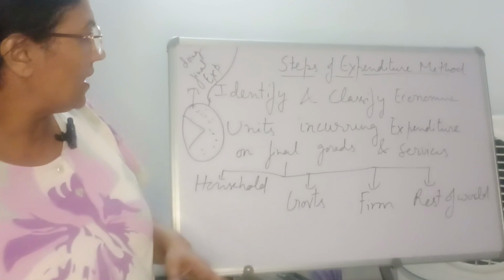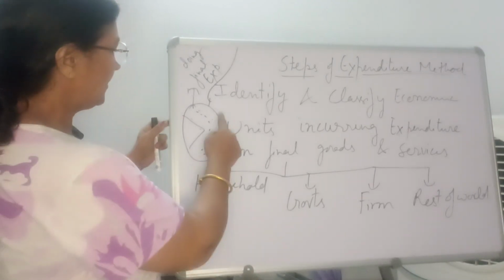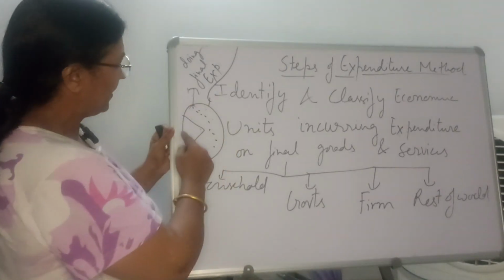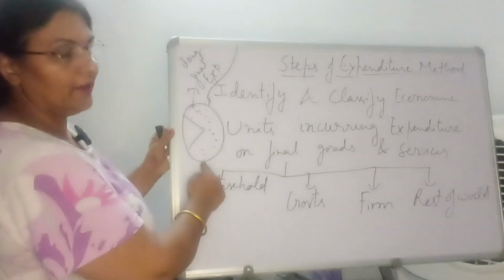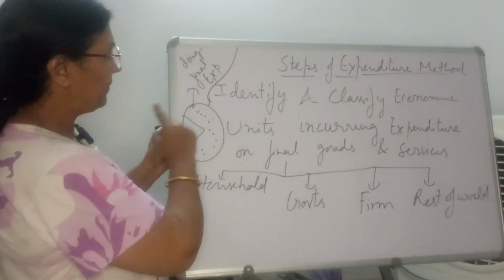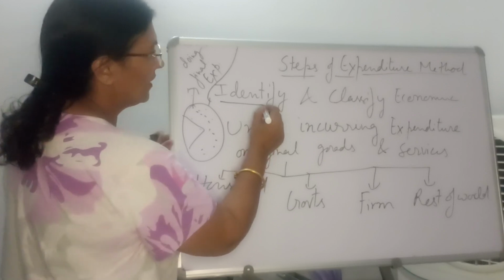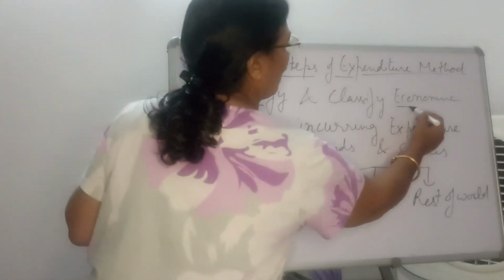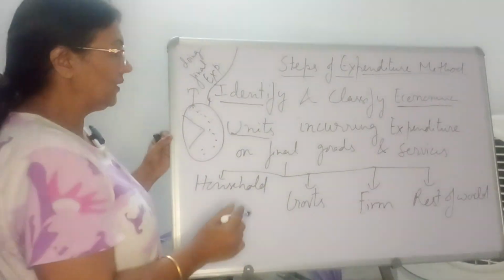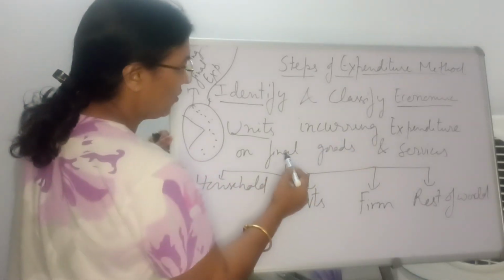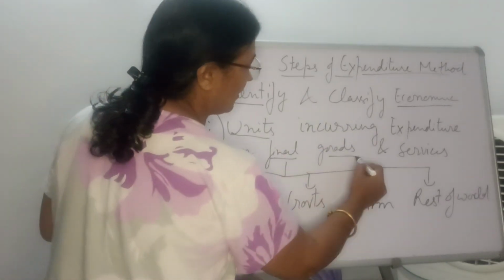So steps, once we are talking, first if these are the economic units in a country, right? These are all the people. So first we have to identify the economic units who are doing the expenditure on final goods and services.